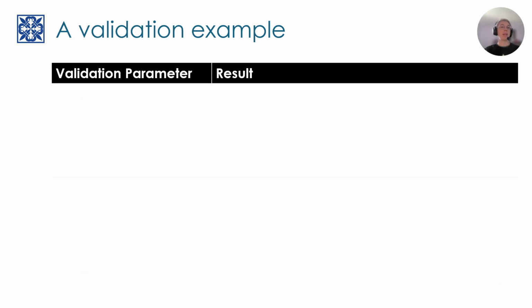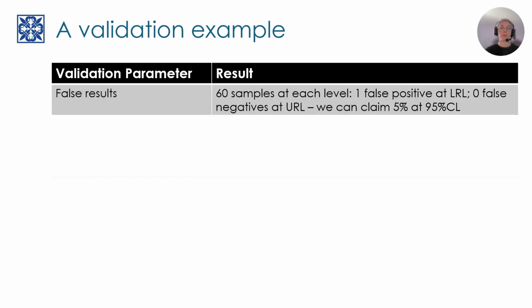All right, so at the LRL and URL, so 7 and 13 micrograms per milliliter, we evaluate the number of false results. We spike 60 samples at each concentration, and we obtain only one false positive and one false negative. Awesome. This fits our criteria. Good.